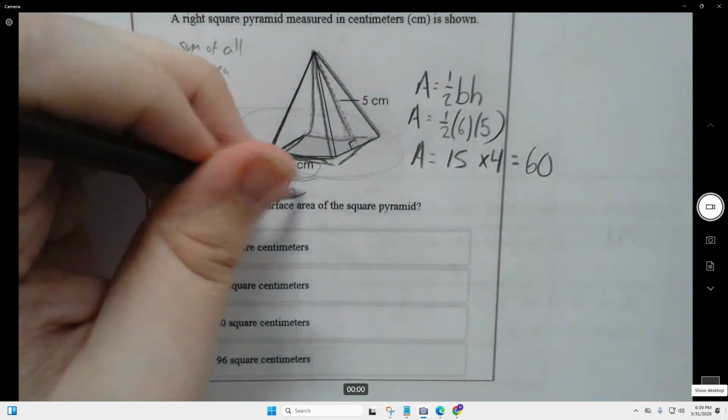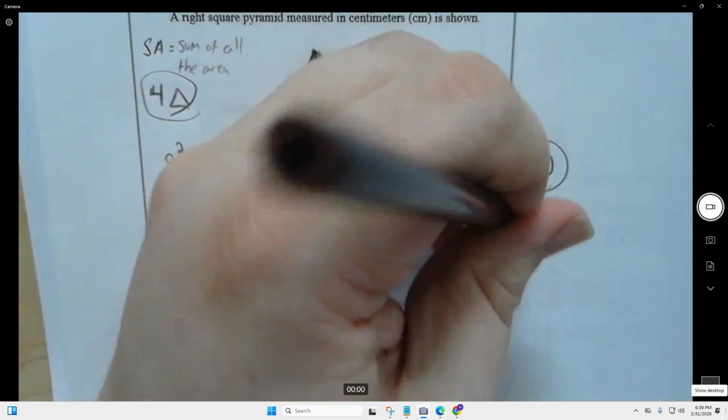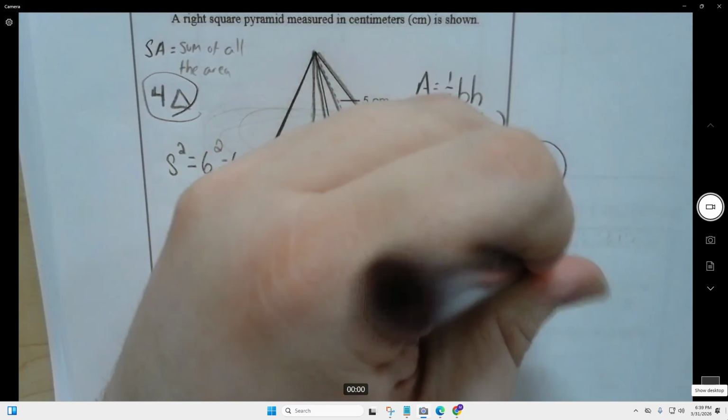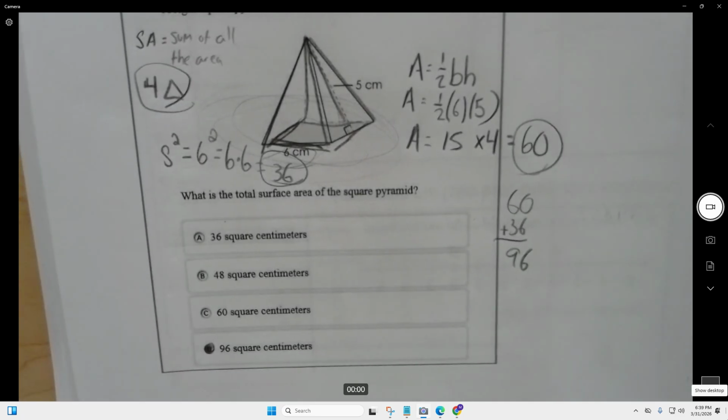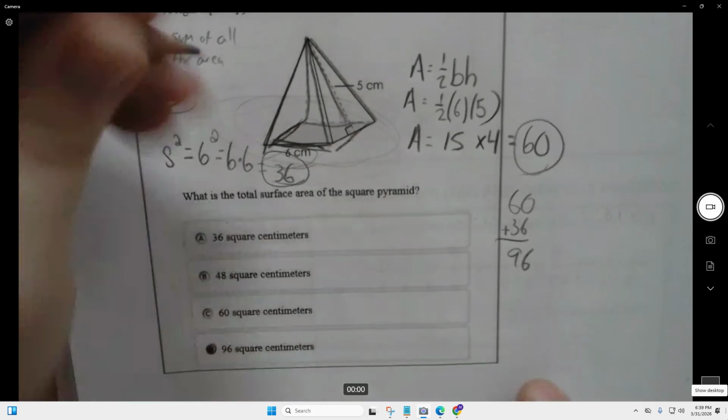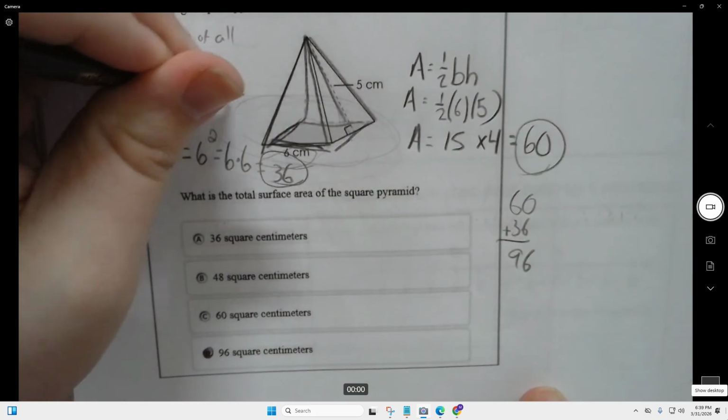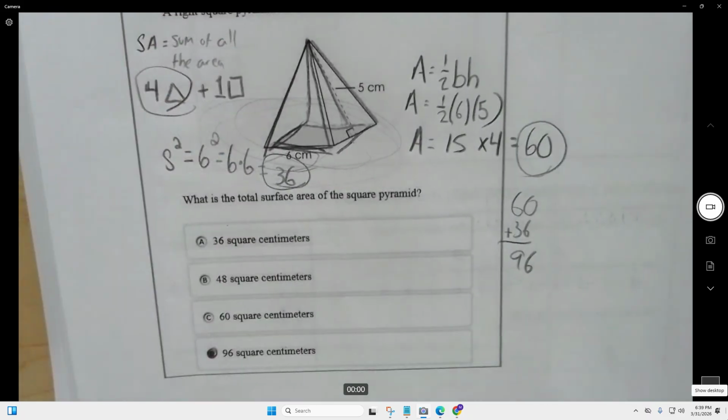So you're going to add that to this. 60 plus 36 is 96. And you're done. It's the 4 triangles plus the 1 square.